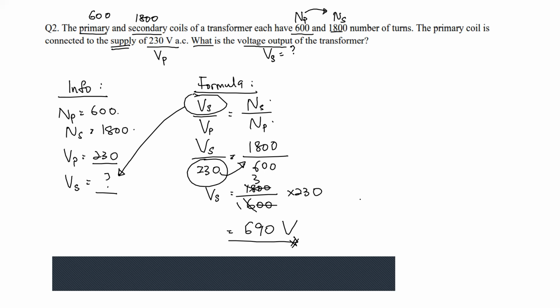Alright, so now you have confidence. The info from the questions, you need to translate into symbol form. Then write the formula, unknown on top of the left-hand side. Then substitute. Then solve it by calculator. Okay, that's it.